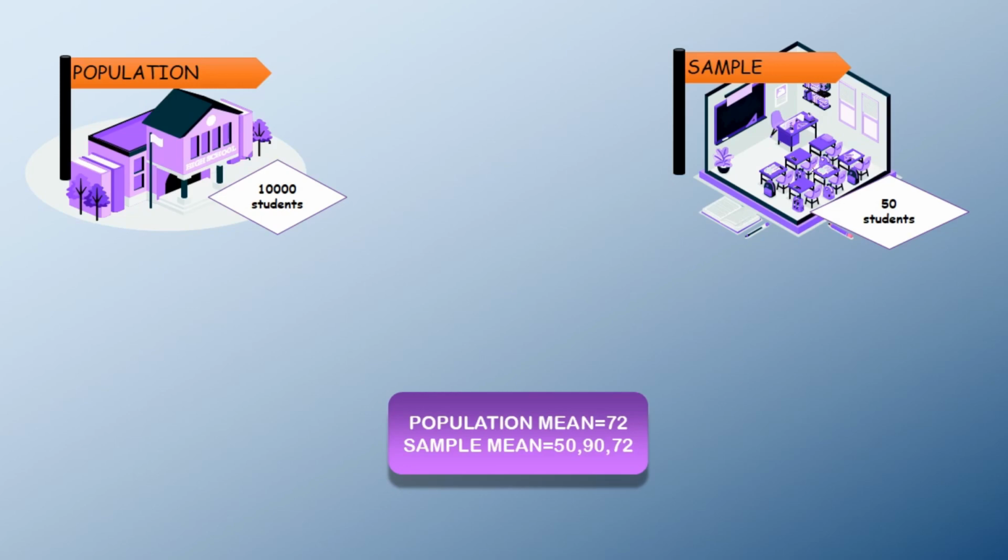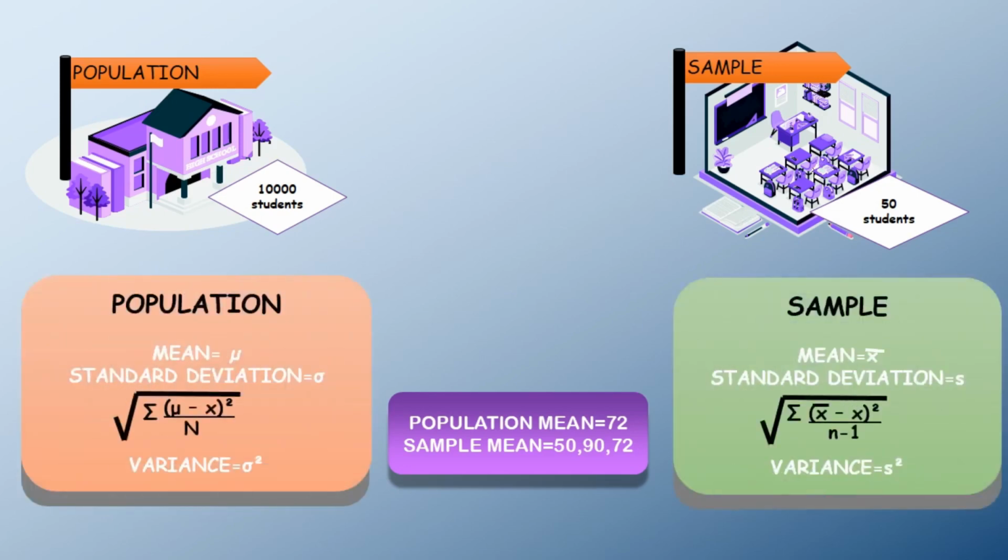That's why population and sample statistics are denoted by different letters. The mean of the population is denoted by mu, and for a sample it is x bar. Similarly, standard deviation for population is sigma and it is s for a sample. And when we calculate the standard deviation, it will have n for population and n minus 1 for sample.